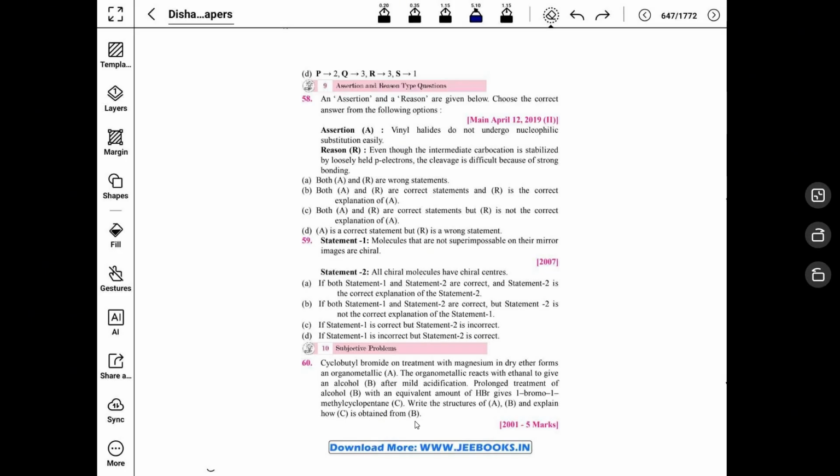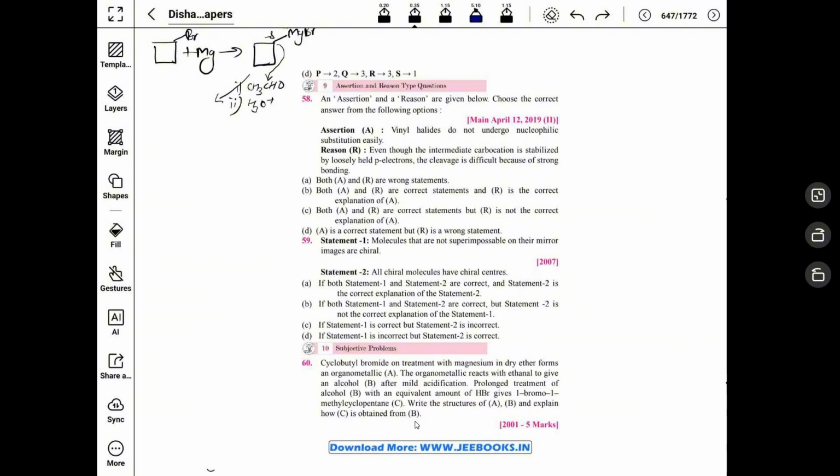Okay, so the first reaction is the formation of a Grignard reagent, and we know that Grignard reagents are nucleophiles. Therefore, in the reaction with ethanal, CH3CHO, the Grignard attacks the aldehyde, and the reaction with the aldehyde gives a secondary alcohol after acidification.